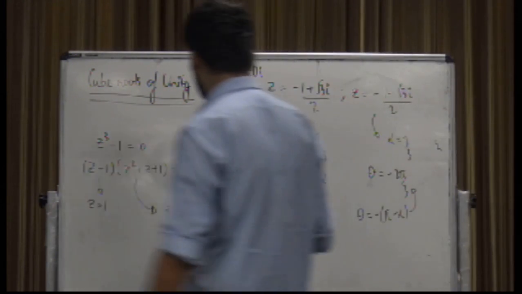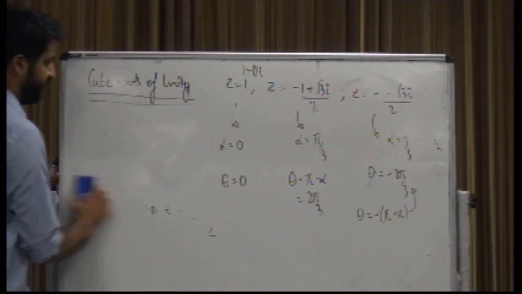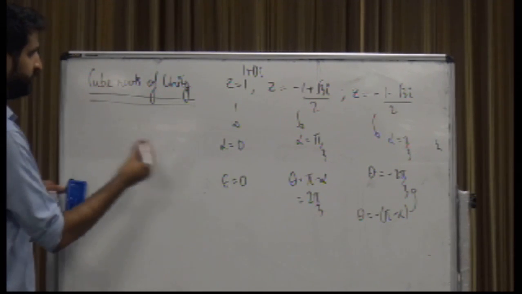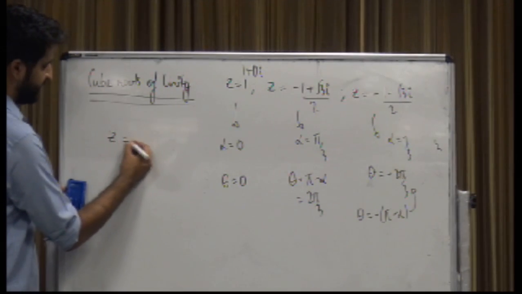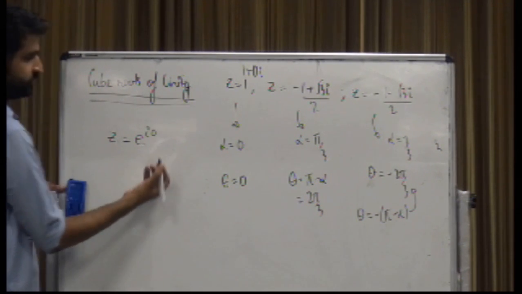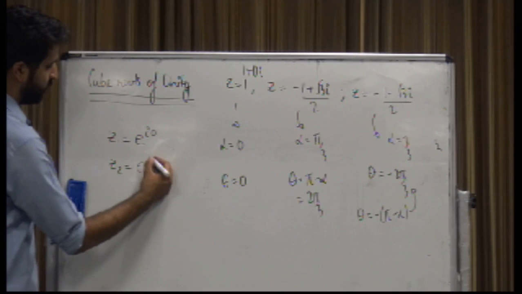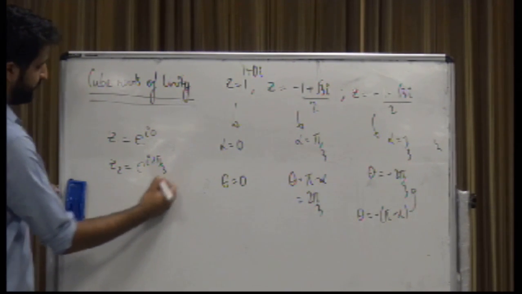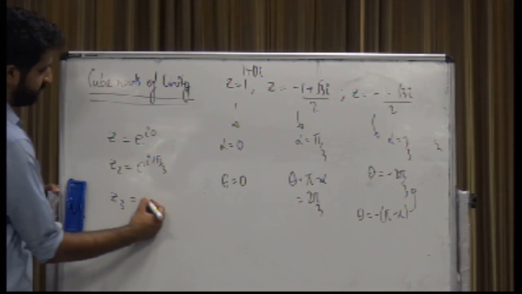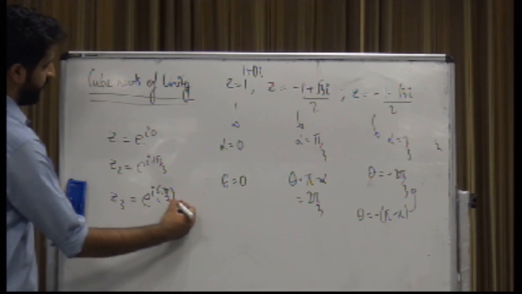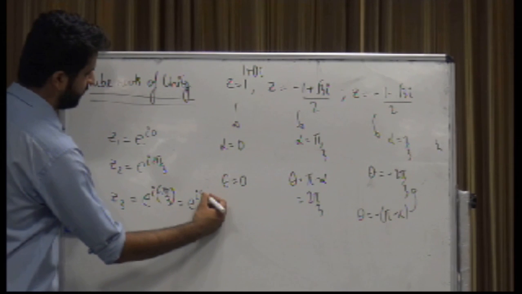So the three complex numbers which we have are, first one z1 is equal to e to the power iota 0. Second one is z2 is equal to e to the power iota 2 pi by 3, and z3 is e to the power minus iota 2 pi by 3, and this can also be written as e to the power iota 4 pi by 3.